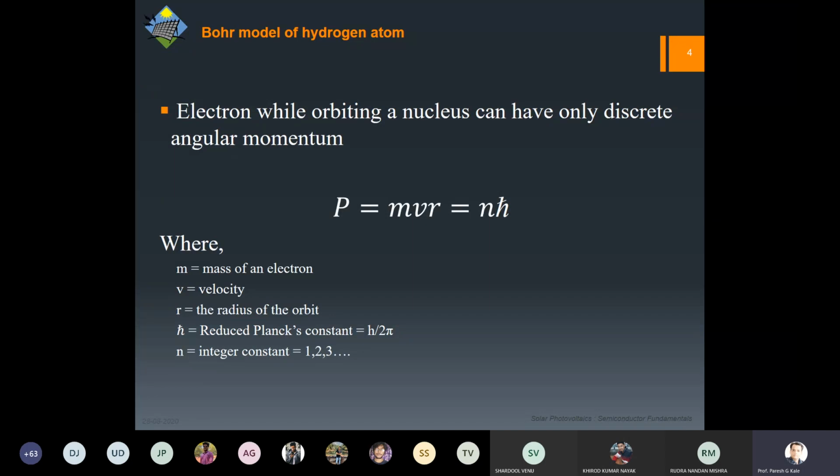So obviously P will be in multiples of 1, 2, 3, and that's why we call it discrete. Angular momentum is not really important, but energy is very interesting to note. And the point is, it is discrete. I will talk more about this discretization when we talk about the energy band.